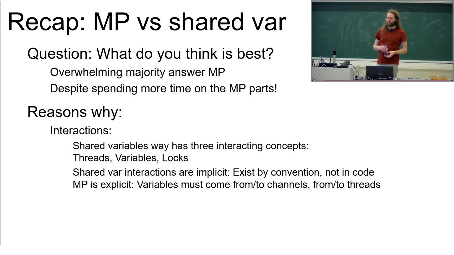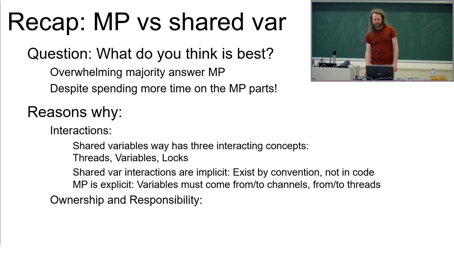And you know, at least in code, you know who's on the other end, because the channel, at least by convention, will only have a sender and a receiver and not multiple, usually. And that just makes things easier to keep track of. So again, it's just fewer interactions and more explicit interactions makes it easier to keep track of. The easier it is to keep track of, the easier it is to write good code.